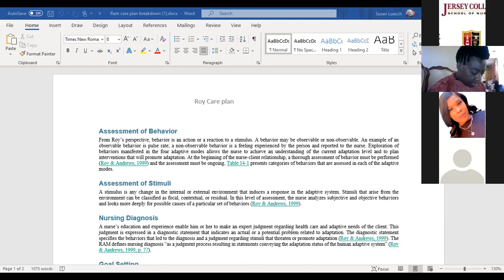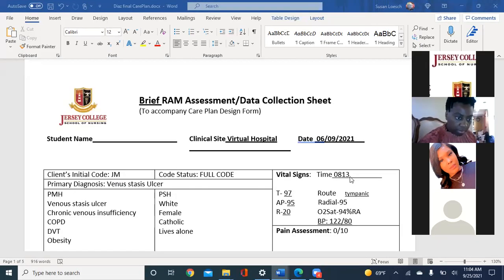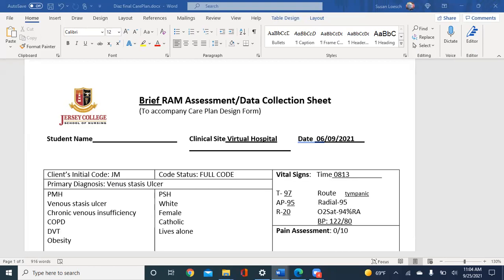Yes, I received that one. Let me look. You see this? You see the Brief RAM assessment data collection sheet? That's what you should see. Does everybody see that Brief RAM data collection sheet on my screen? Yes. Okay.